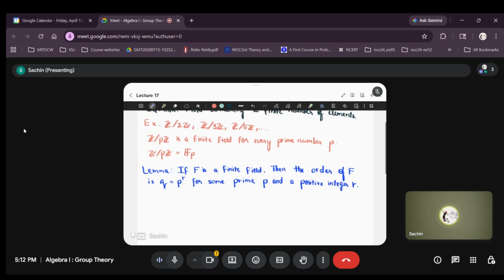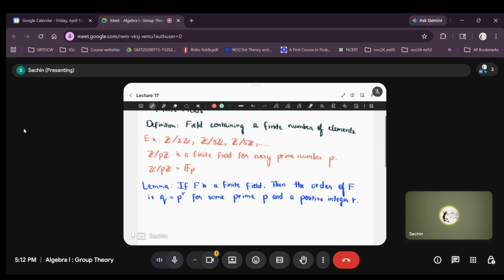So here we saw finite fields where r was 1. So the size was q equal to p power 1, that is p. Those were all Z mod pZ. Z mod pZ gave you finite fields F_p whose size was p power 1 for some prime p.